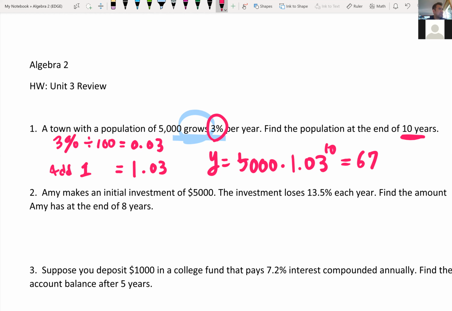Or more precisely, 6719.58. But since we're talking about people, I think 20 will be appropriate there. Very good. Nice job. Okay. Did everybody get that?